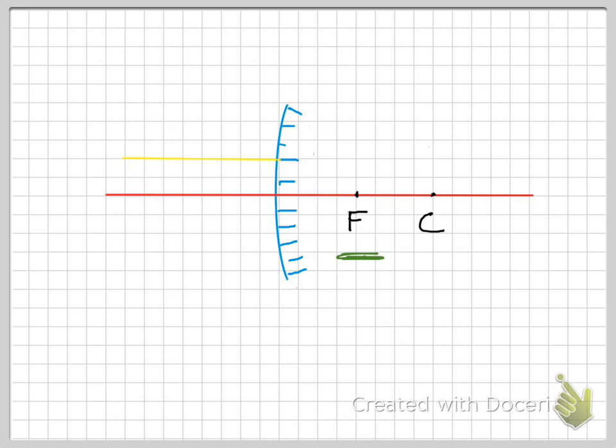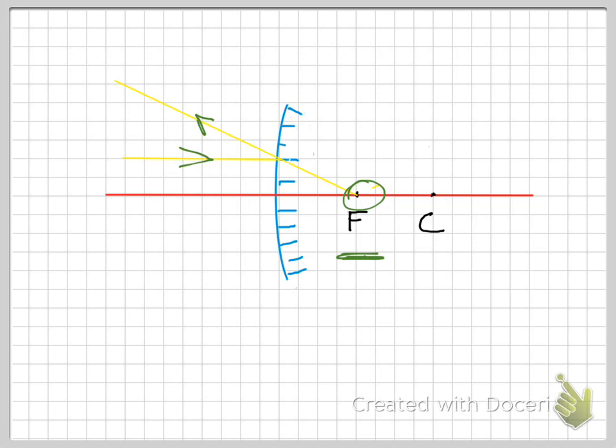When it hits the mirror, it reflects in such a way that the reflected ray lines up with the focal point on the non-reflective side. So you would have the incident ray and the reflected ray.